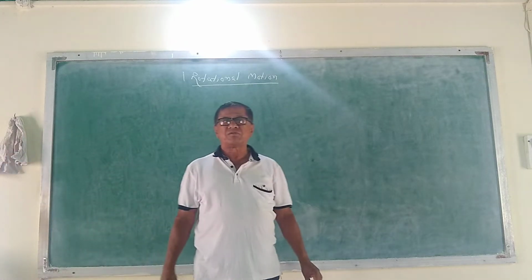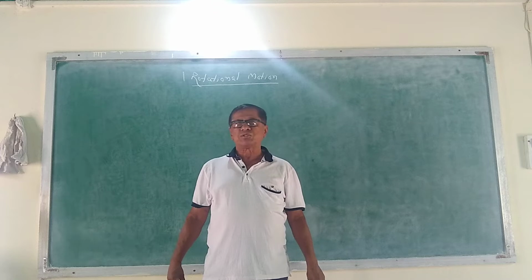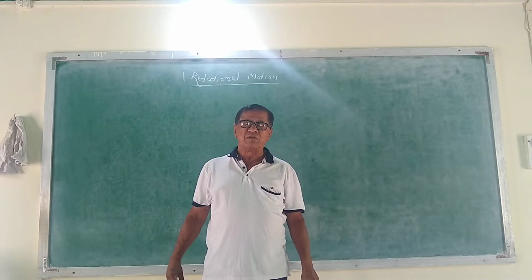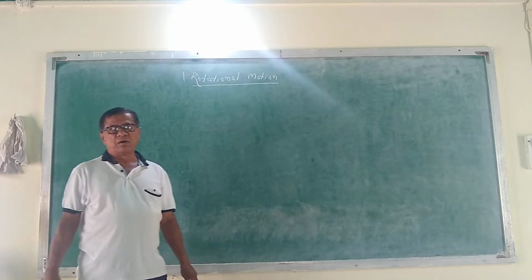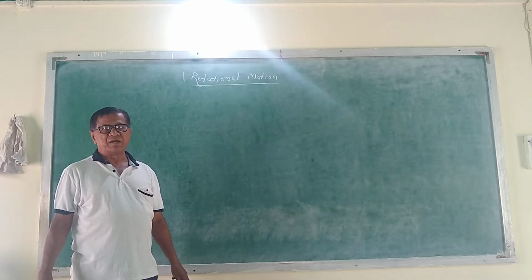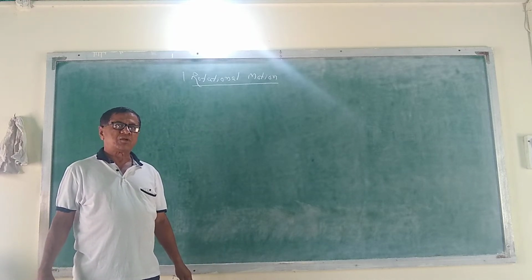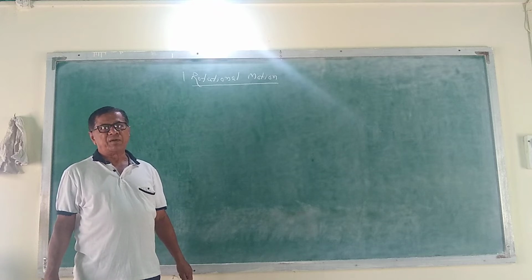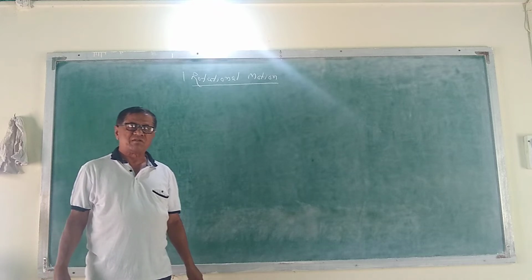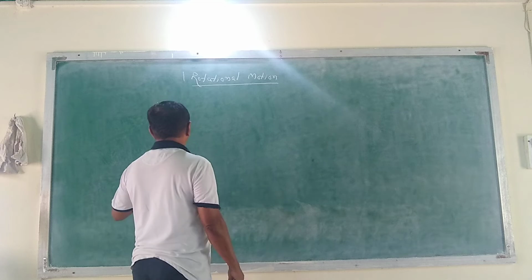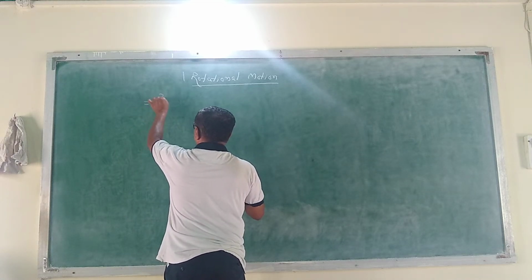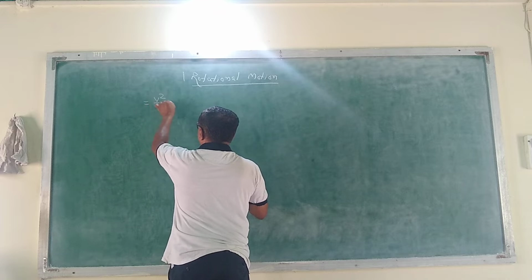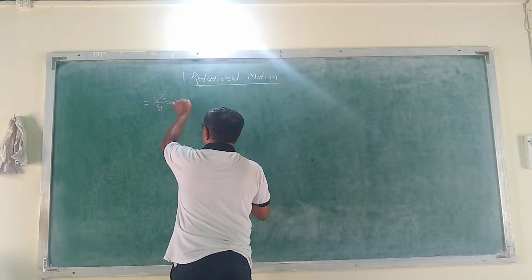The examples of the circular motion are the motion of the stone in the sling, or the motion of the tip of the minute hand, or the tip of the second hand. Now in circular motion, the centripetal acceleration is given as v square upon r, or this is taken as equal to r omega square.